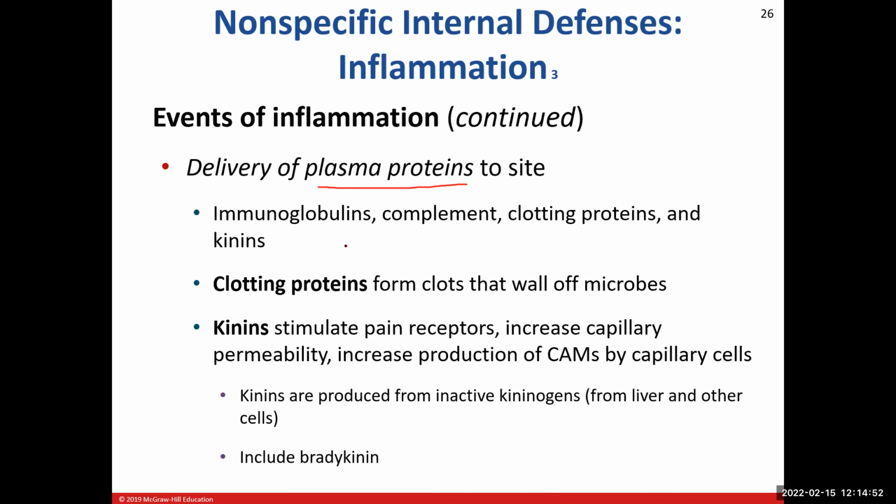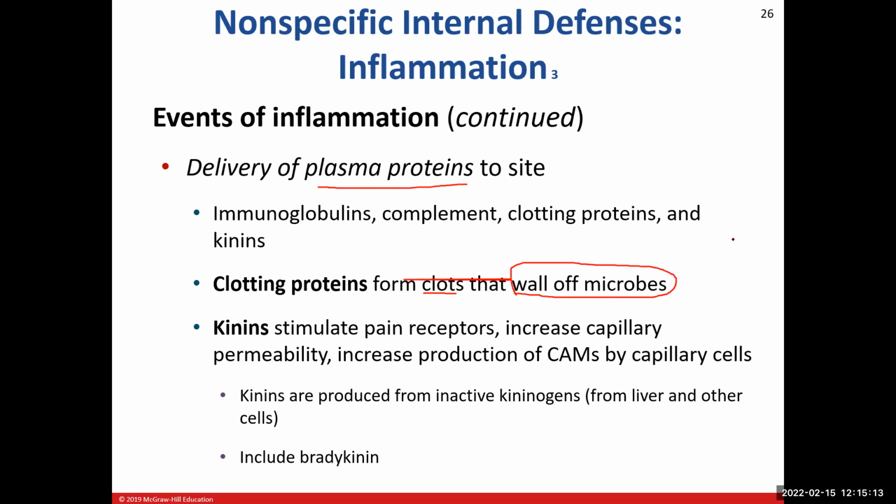Of course, our clotting proteins are going to form clots, and yes, it's going to help to stop the blood flow, but it's important because it walls off the microbes. We don't want those microbes getting into circulation because then they can go anywhere. That's not good. We don't want that. So we want to wall them off. We want to contain this infiltration here.